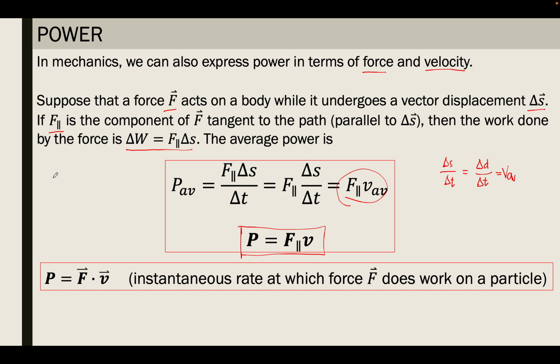So again, for the average power, we have the change in work over the change in time. We also have the formula for power in terms of force and velocity, which is the product of the parallel force and the velocity.